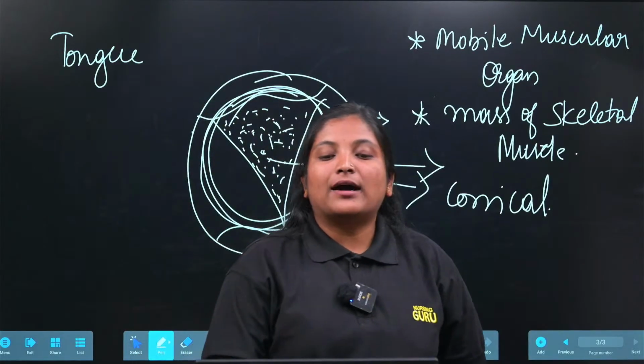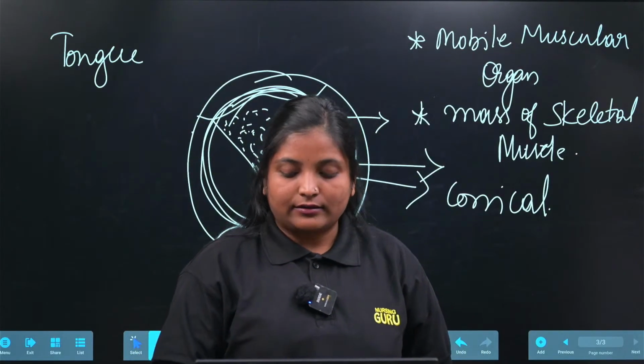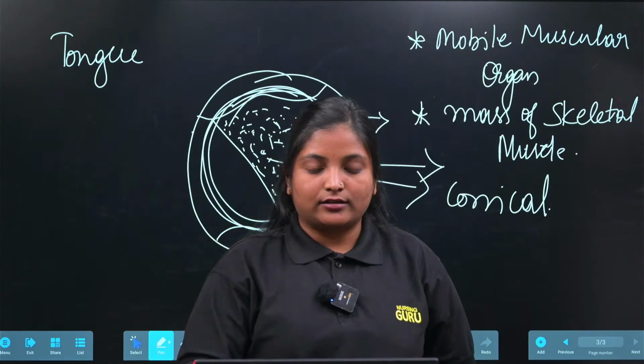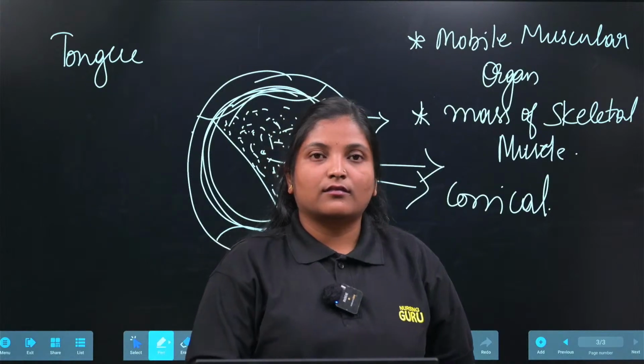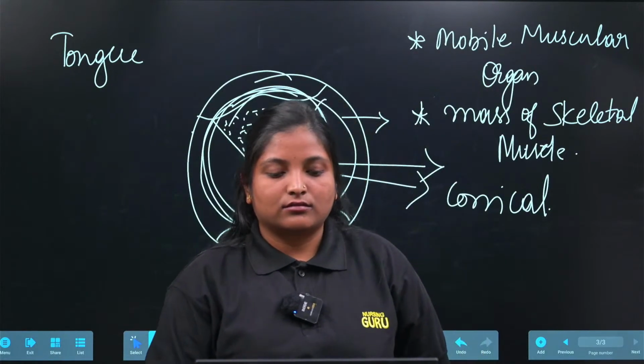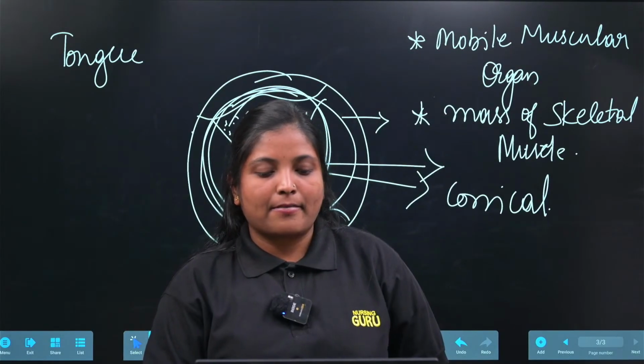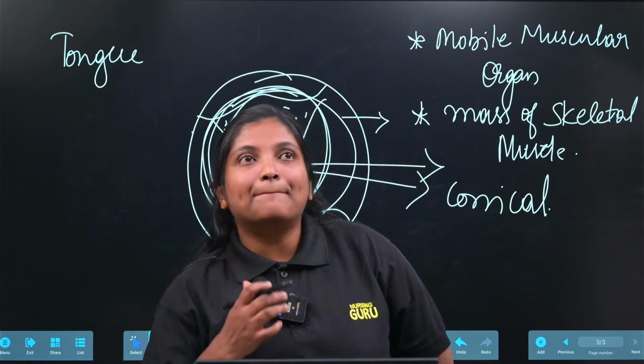The next one is the musculature of the tongue. Now we can see the muscles of the tongue.